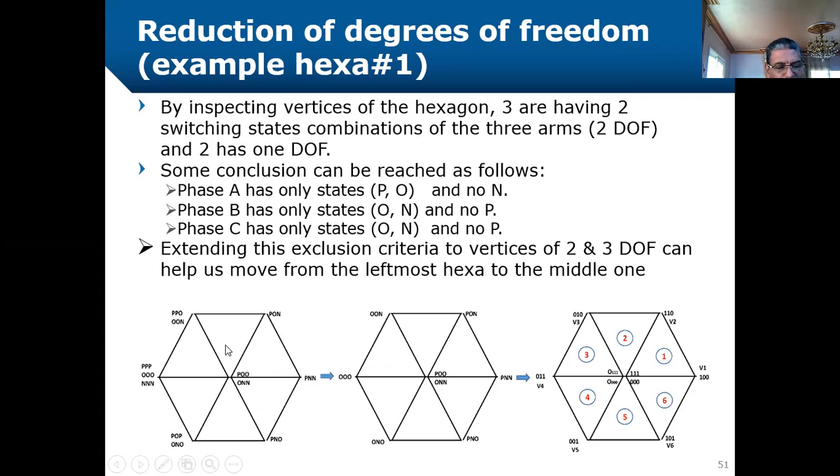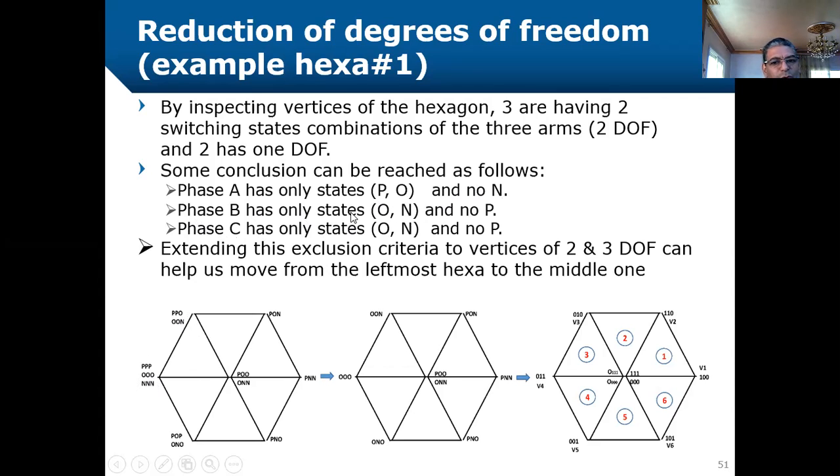So we go to the other vertices and we omit the markings that contradict our finding here. For example, phase A has no N, so this one should be omitted. This one, phase A has no N. Okay?